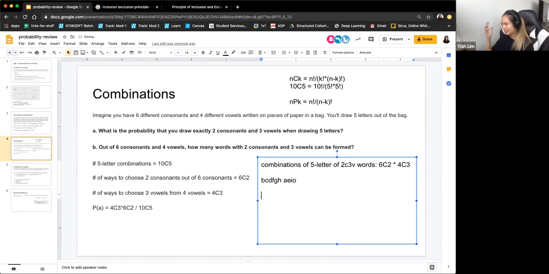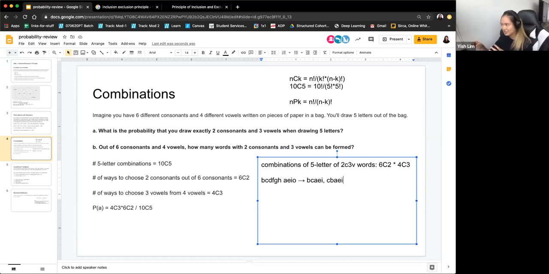if we get like the 2C3V combination of, let's see, we have B, C, and then A, E, I. So in this scenario, 6 choose 2 multiplied by 4 choose 3 counts B, C, A, E, I as the same thing as C, B, A, E, I. Does that make sense? Because in this case, we're just talking about combinations, not permutations.